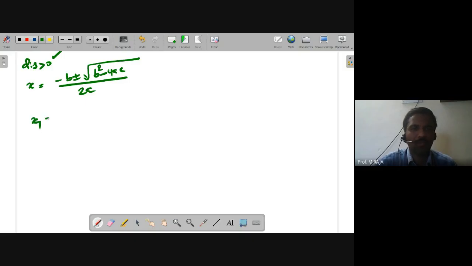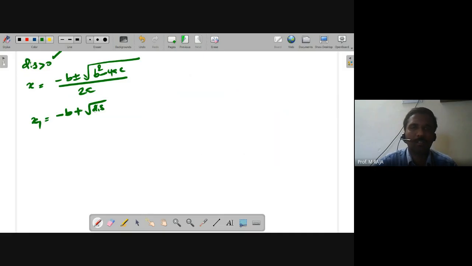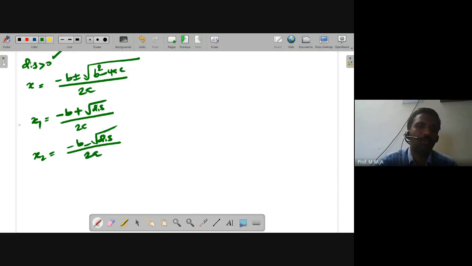So x1 is equal to minus b plus square root of b square minus 4ac. Since this is stored in a variable, here we use it, divided by 2a, and x2 is obtained. x2 is equal to minus b minus square root of discriminant by 2a. So two real and distinct roots x1 and x2 are obtained.